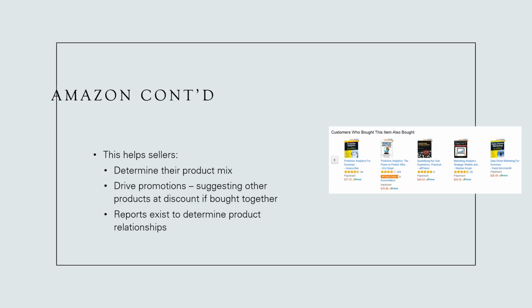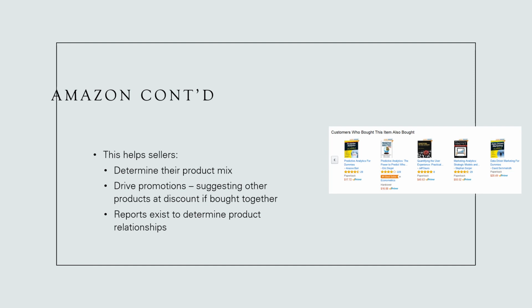Again, as I mentioned, it helps them determine their product mix. They can offer promotions: if an item's purchased, also add XYZ for 20% off, whatever. And these reports actually exist from Amazon, where you can download them, and they give you these association rules by product numbers.